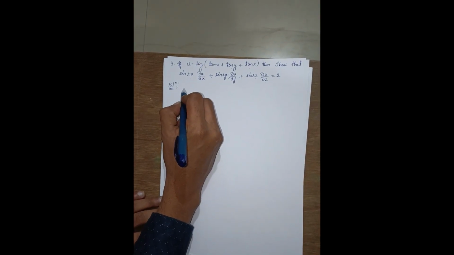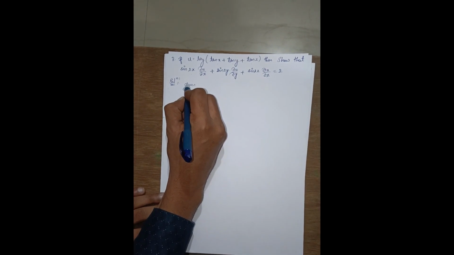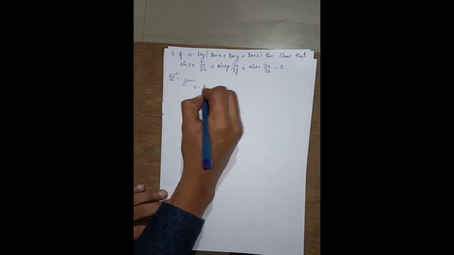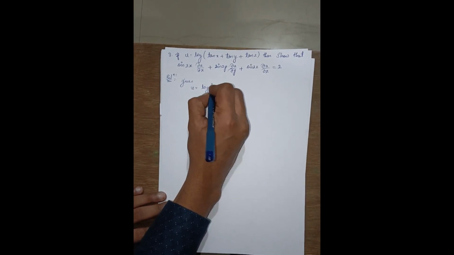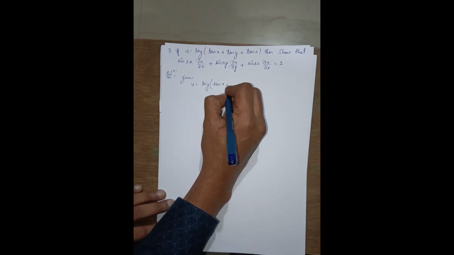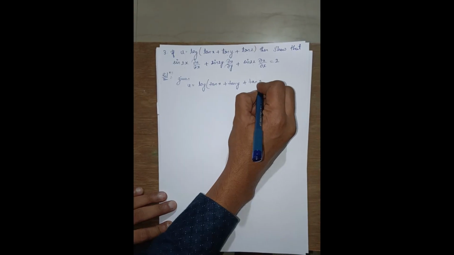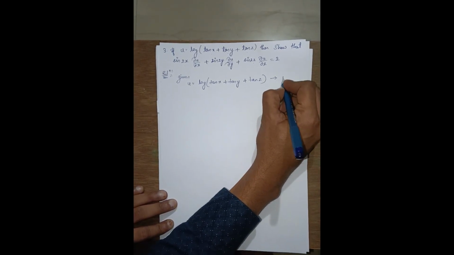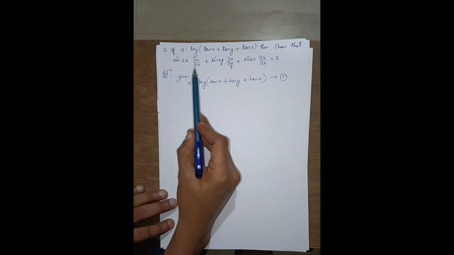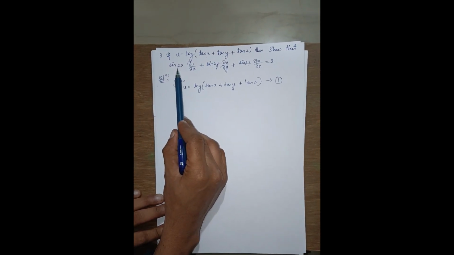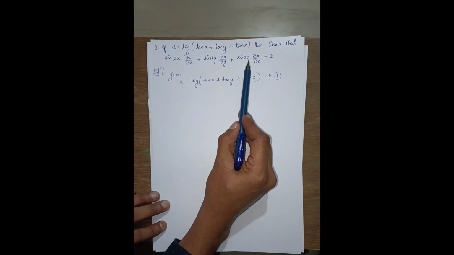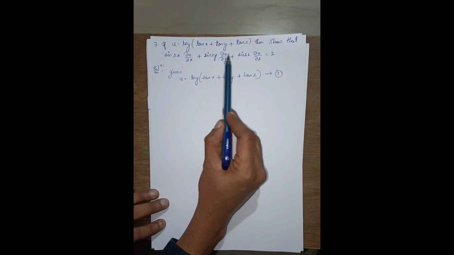Let's write the given equation: u is equal to log of (tan x plus tan y plus tan z). Let's call it equation number 1. Here they have given sin 2x, sin 2y, sin 2z. No need to bother about this.